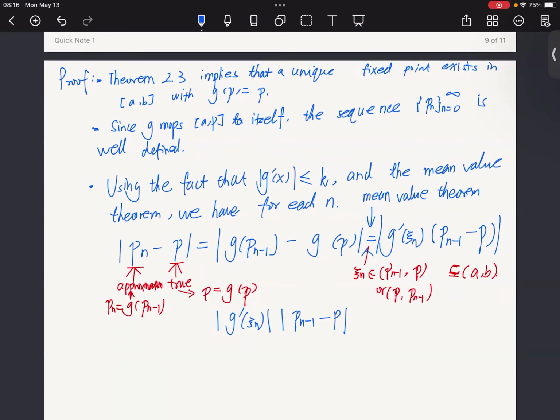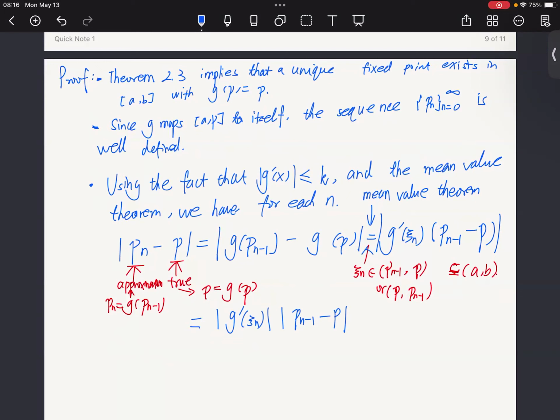For the first factor, it is bounded by K, because we have the assumption on the derivative bound. We just leave Pn minus 1 minus P here. This is the first step.